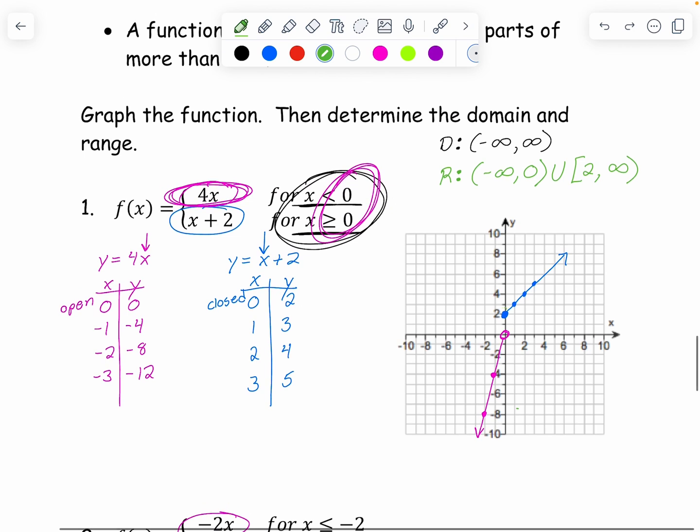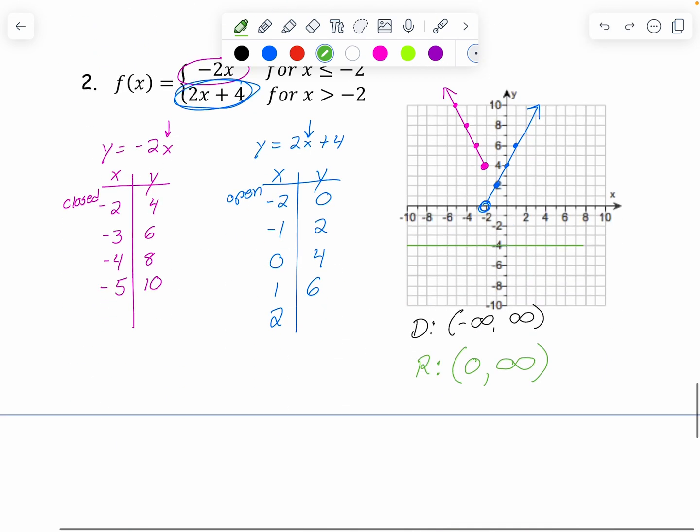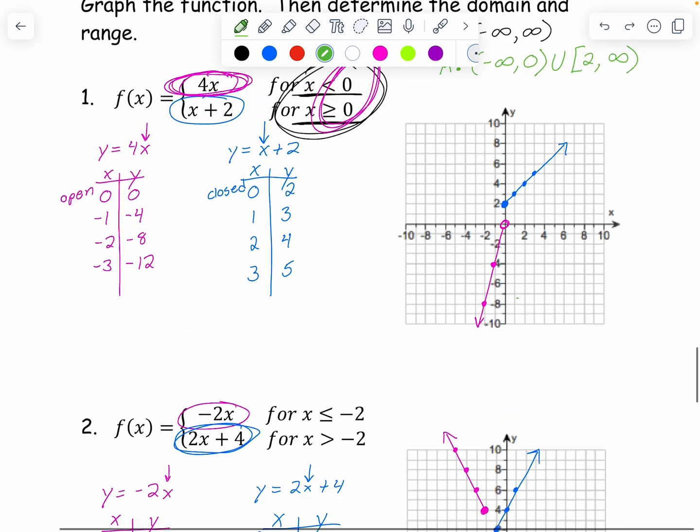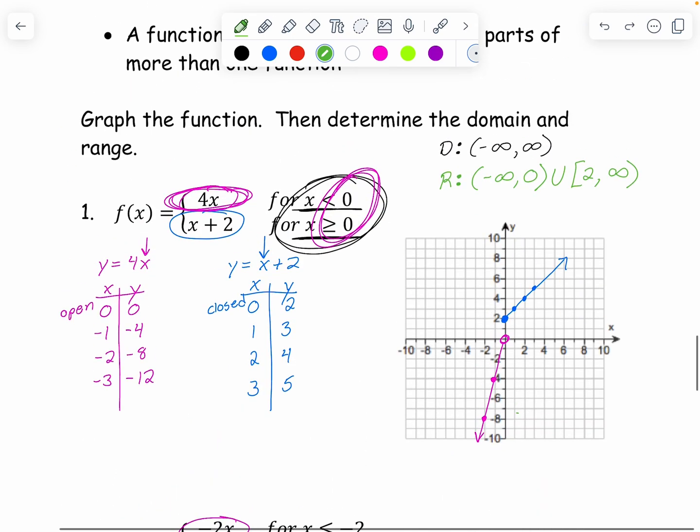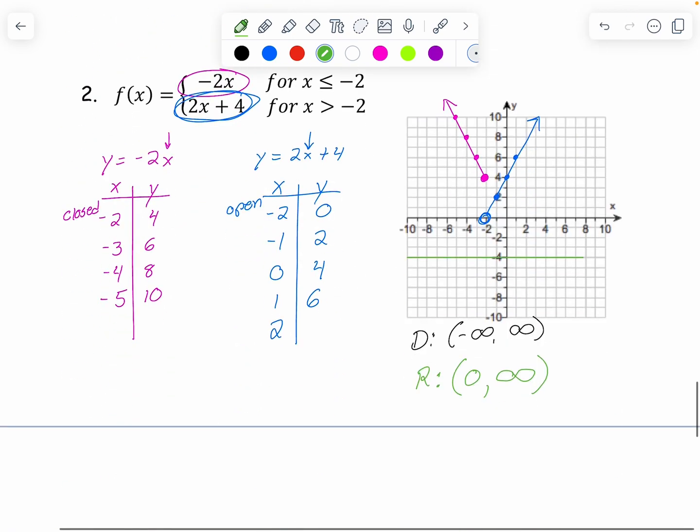Whereas up here, when you had that break, there was no graph anywhere in here. Those were left out. Whereas here, those y values are included right in here. So that's why we have a union for this one, and we have just a single interval for this one. Okay, hopefully that makes sense.